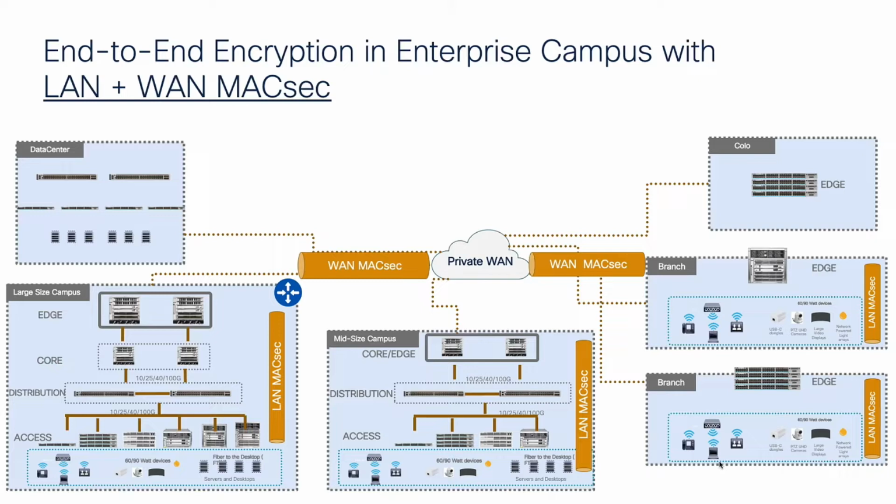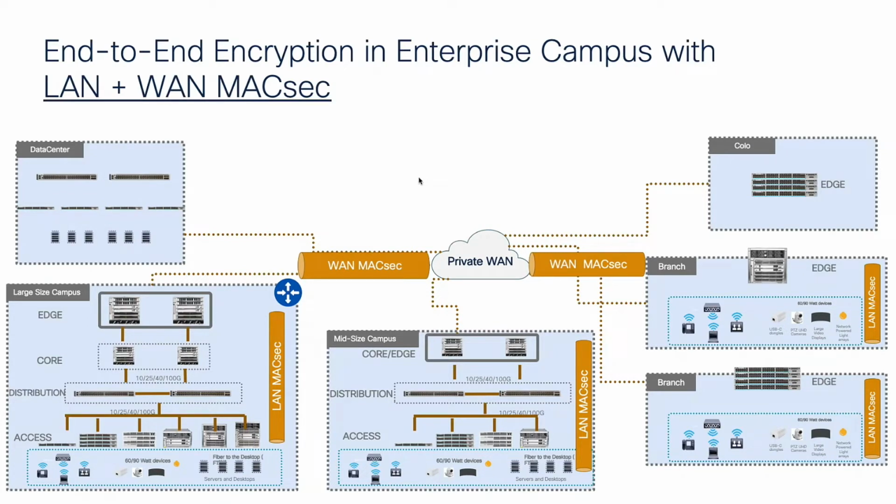This is something we have also recently started supporting on our core portfolio, which is the 9500X and 9600X. Now, this is going to extend that MACsec encryption across the WAN also. This builds that end-to-end encryption. Now you have encryption within the organization, and you're able to extend your encryption across the WAN also.